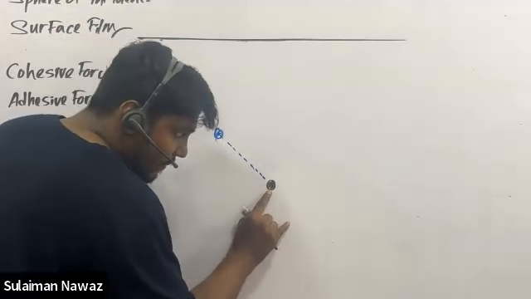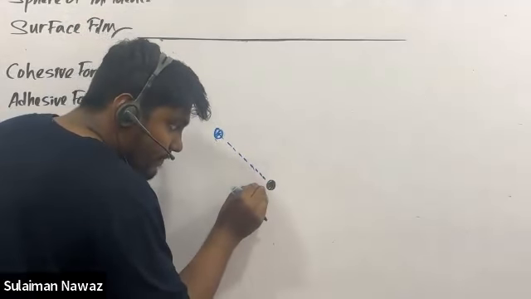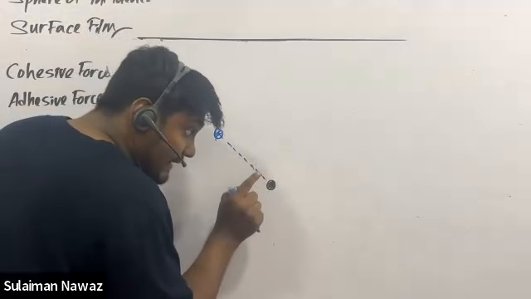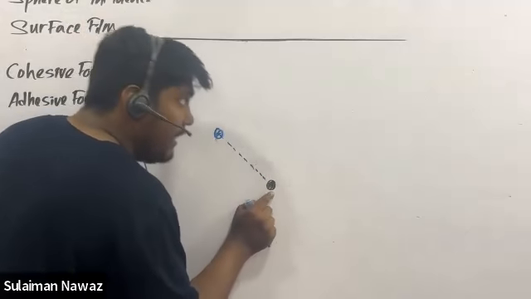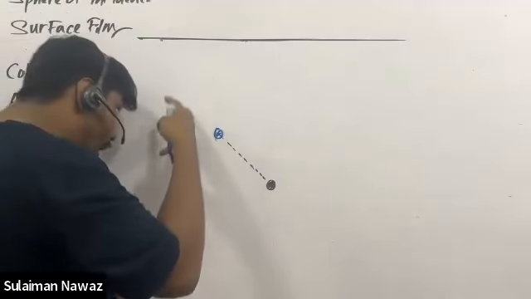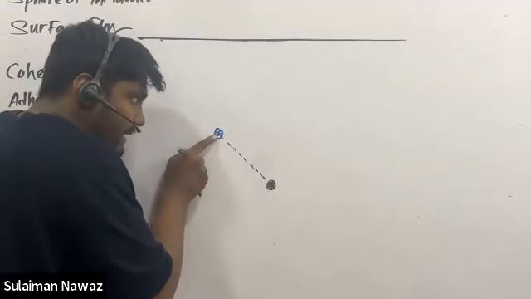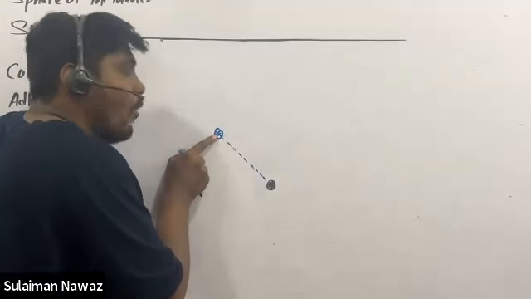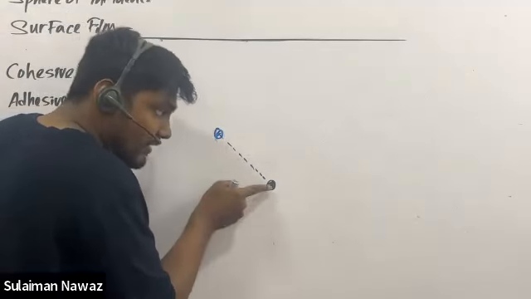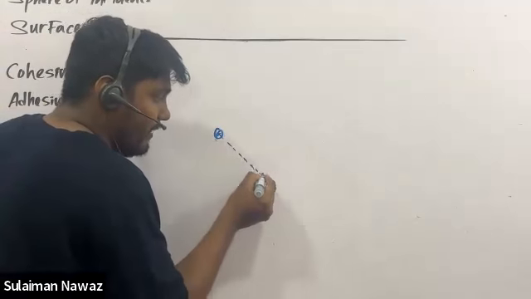When I consider this liquid particle, there will be cohesive forces acting on it by all the liquid particles in this liquid. A particle here also will produce cohesive forces, attraction forces, on this liquid particle, right?